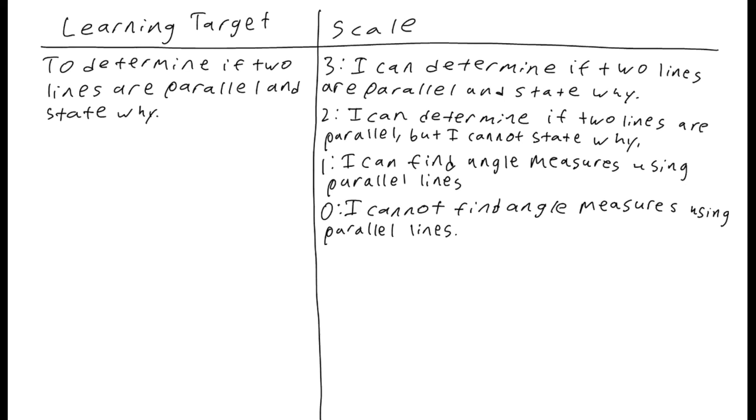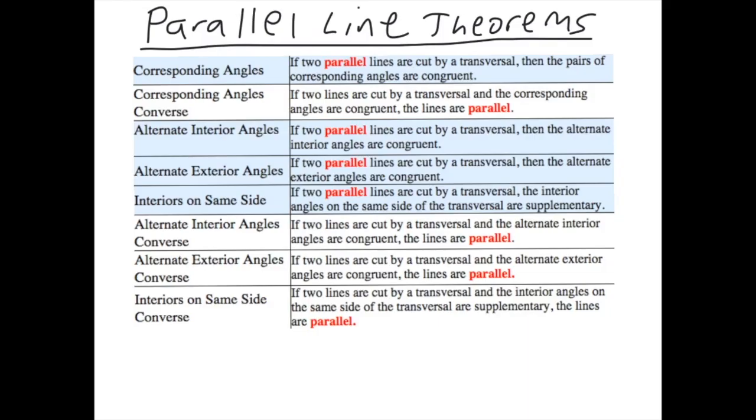Let's get started. Alright, so here are a bunch of theorems about parallel lines. The first four, the four that are in blue, we've sort of already talked about, although I didn't name them as theorems. So, corresponding angles, alternate interior angles, alternate exterior angles, and interiors on the same side, or as I said, same side interiors.